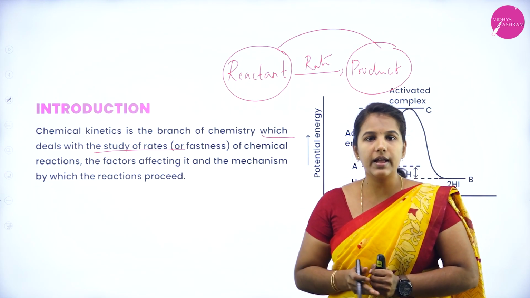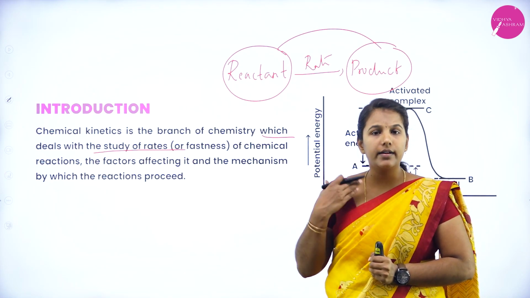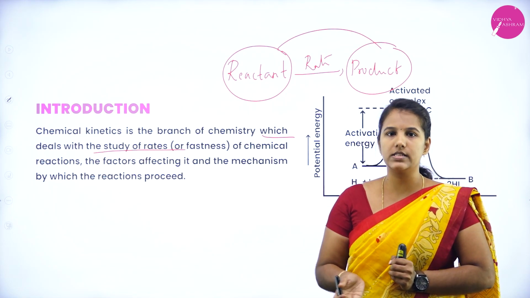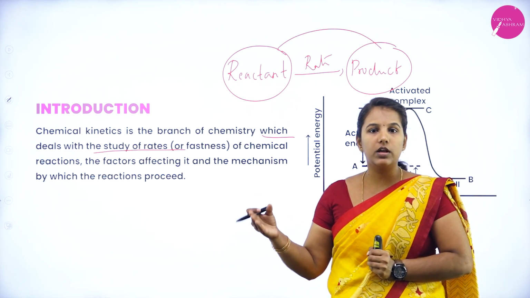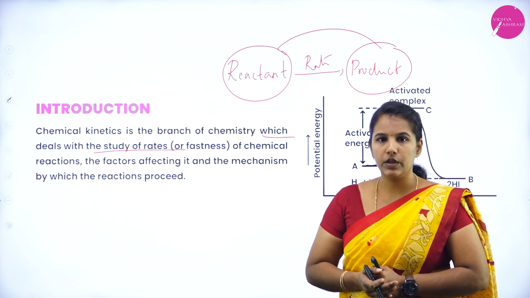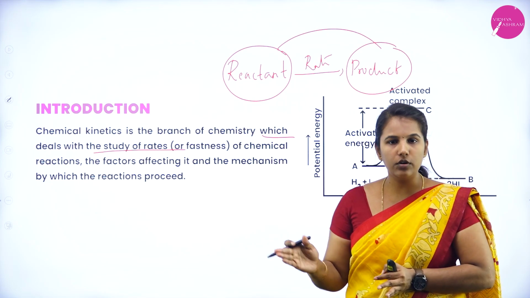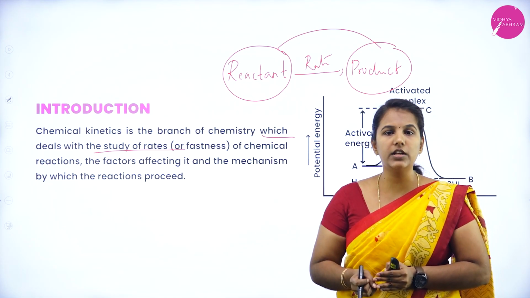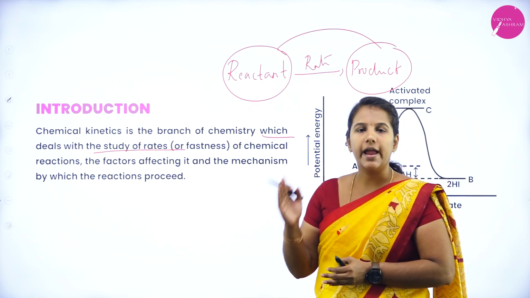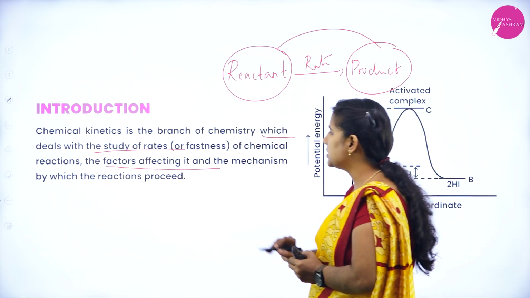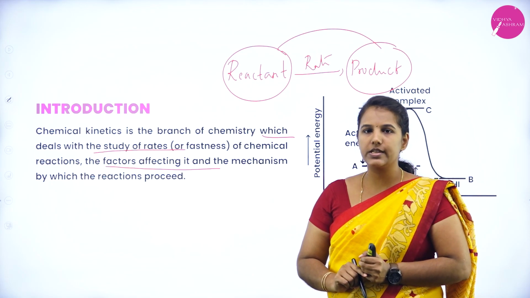Remember, in chemical kinetics, we are dealing with the rate of the reactions in terms of zero order, first order, and pseudo first order. There are different types of integration that we do in order to understand the rate of first order reaction as well as the zero order reaction, and the factors which are affecting it.